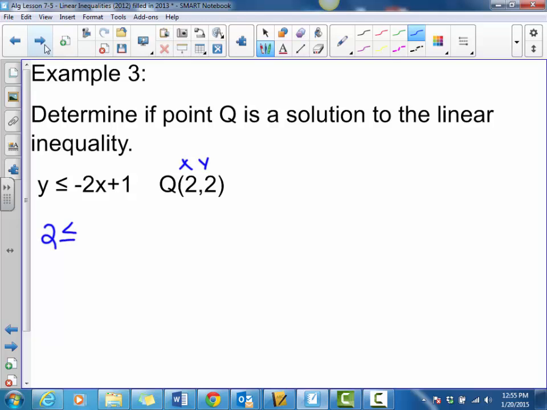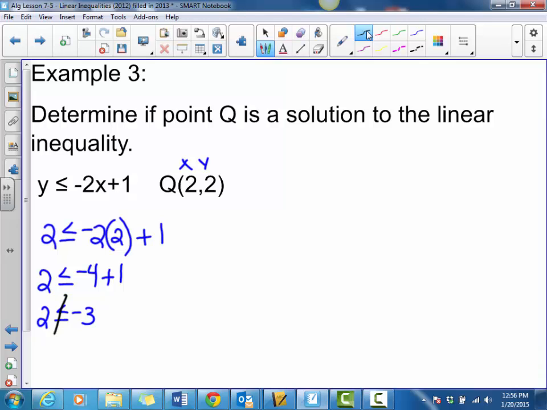So I'm going to let y equal 2. 2 is less than or equal to negative 2 times x, which is 2, plus 1. 2 is less than or equal to negative 4 plus 1. 2 is less than or equal to negative 3. Is that true? No, that is not true. So this is not a solution.